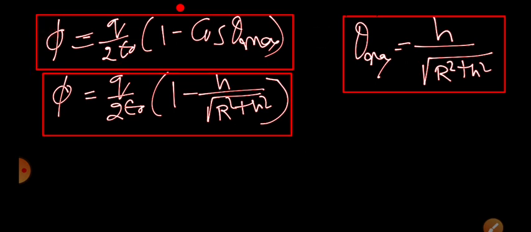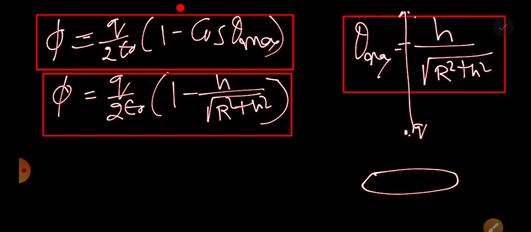For example, suppose our ring was here and the point charge particle was here. If the charge particle goes very far away from this, at a very far distance, then what is the value of theta max?